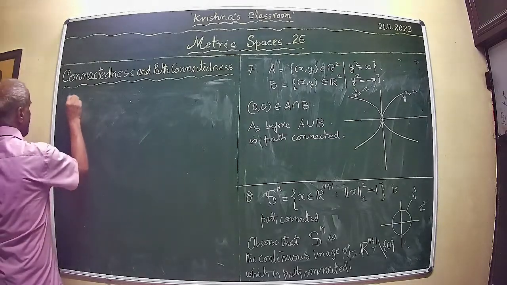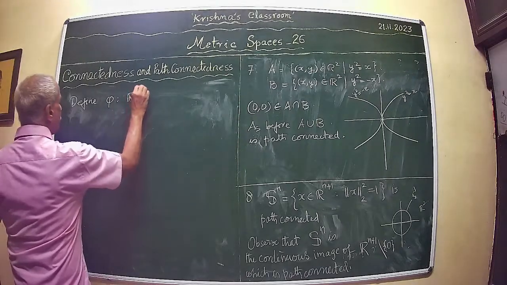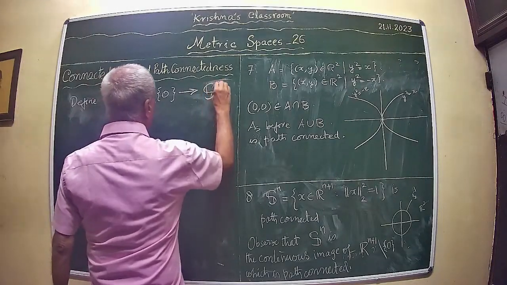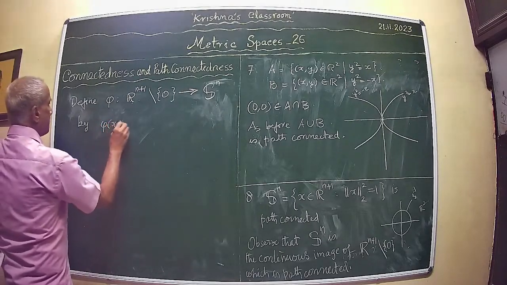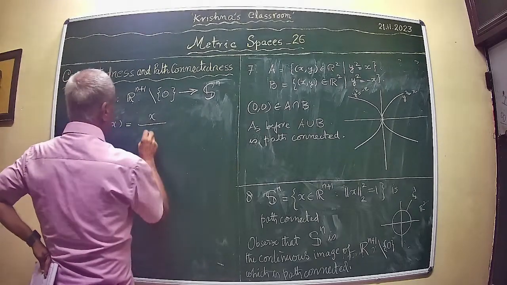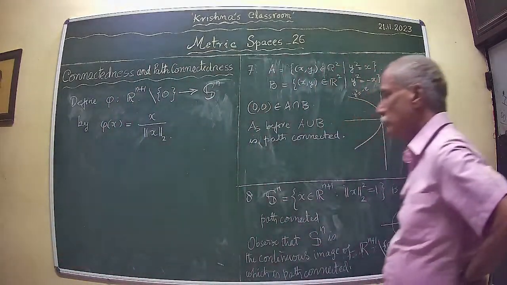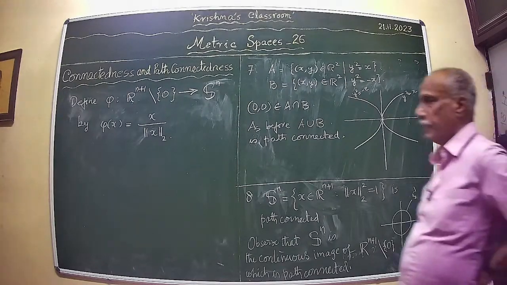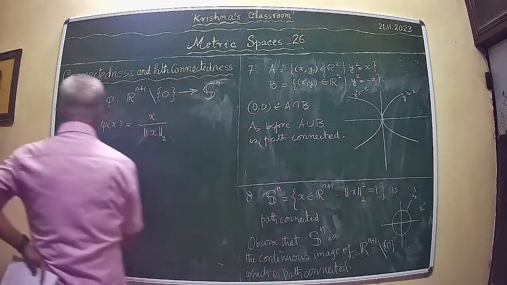So define f of x equal to x divided by norm of x. Then you can easily check that this is continuous.